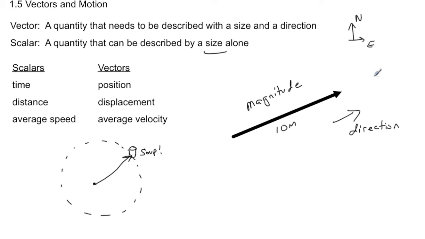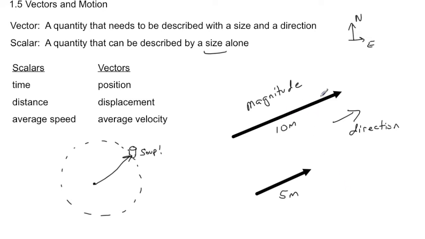If I wanted to represent 5 meters to the northeast, what I could do is point my arrow in the exact same direction. Let me clone this arrow really quick. But instead of being this long, I'll make it half as long. So by shortening the arrow by half, I'm representing a position that's only 5 meters away, but in the same direction.